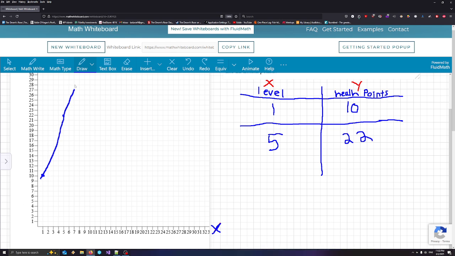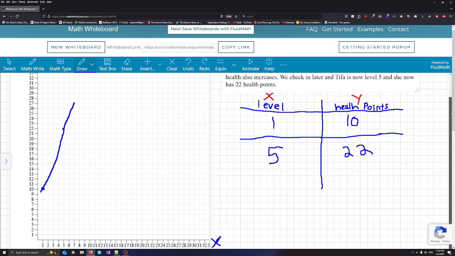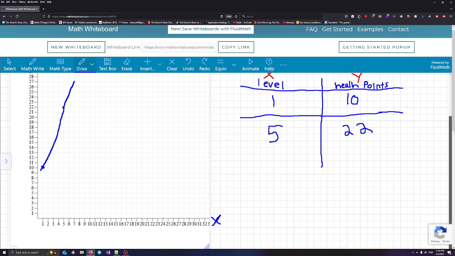And we can now also say, with these 2 points, if the trend keeps going at this rate, so at level 1 Tifa gets 10 health points, level 5 Tifa gets 22 health points, we can begin to ask ourselves a question, or we could put this to better use.